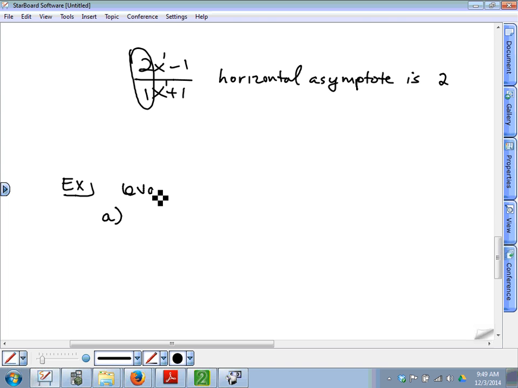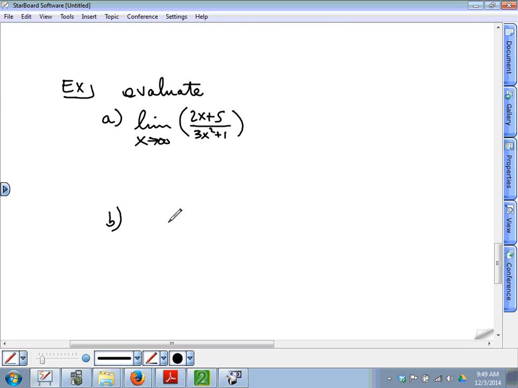So evaluate. Just try these as quick as you can, just for the sake of practice. Part A: limit as x approaches infinity of 2x plus 5 over 3x squared plus 1. For part B, limit as x approaches infinity of 2x squared plus 5 over 3x squared plus 1.